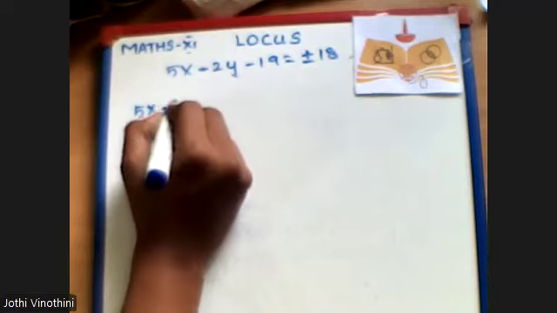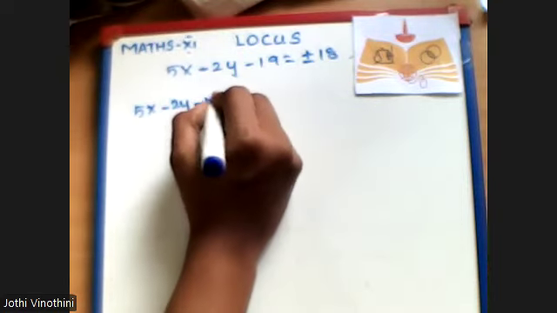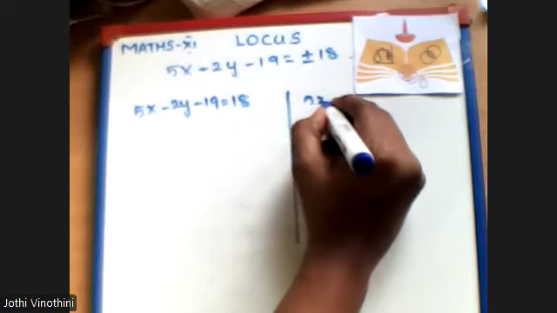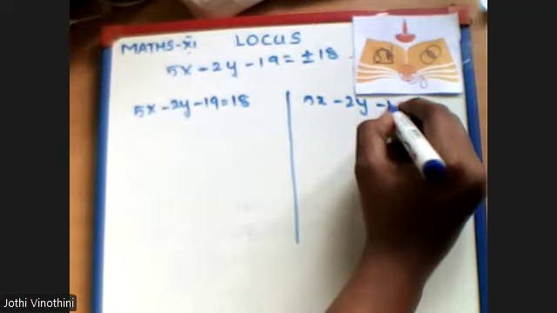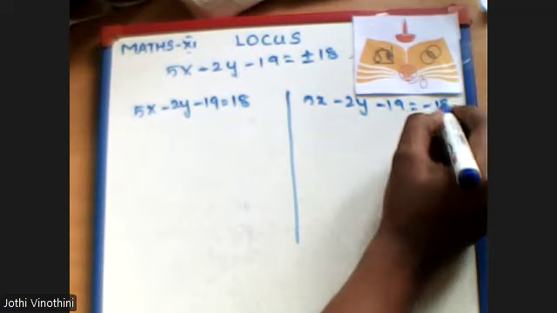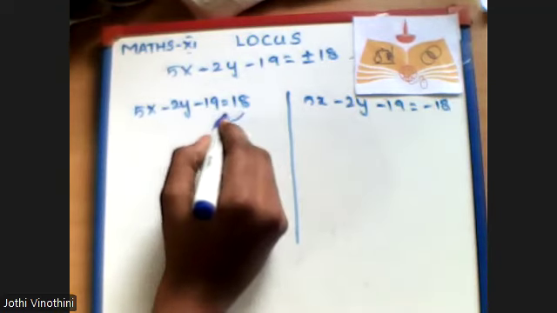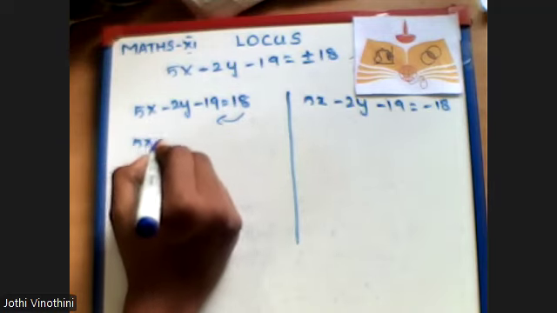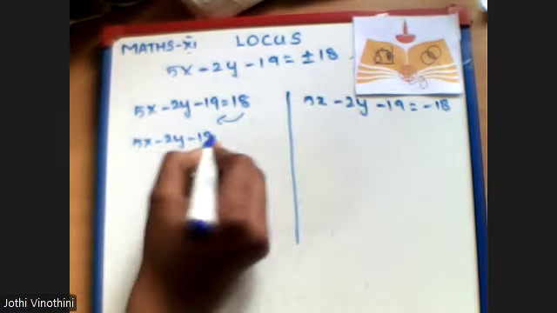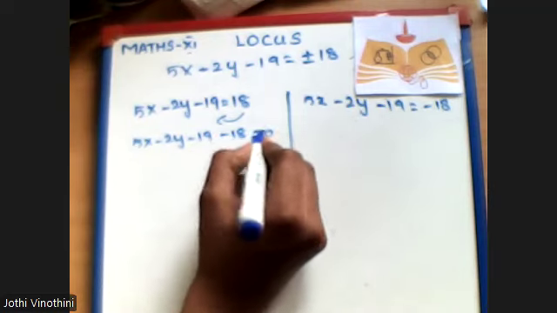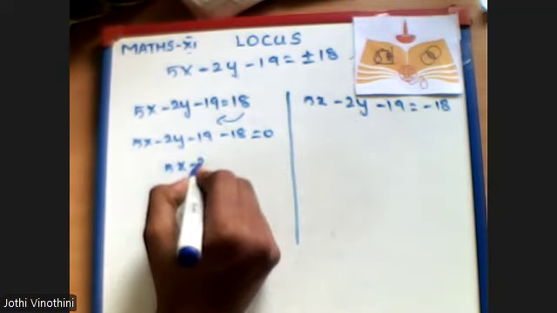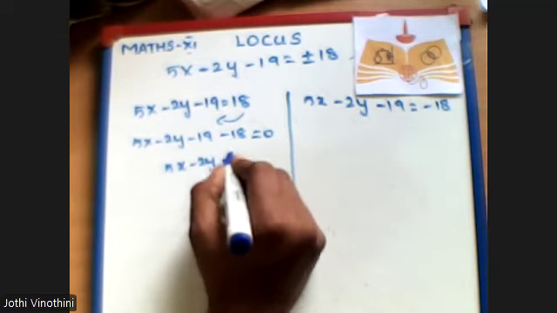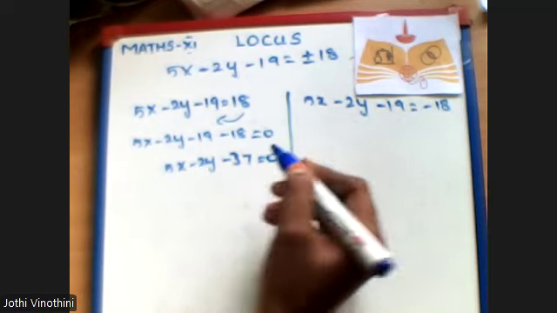So 5x minus 2y minus 19 equals plus 18, and 5x minus 2y minus 19 equals minus 18. Here, when we bring this 18 over, it becomes minus 18. So 5x minus 2y minus 19 minus 18 is minus 37, which equals 0.